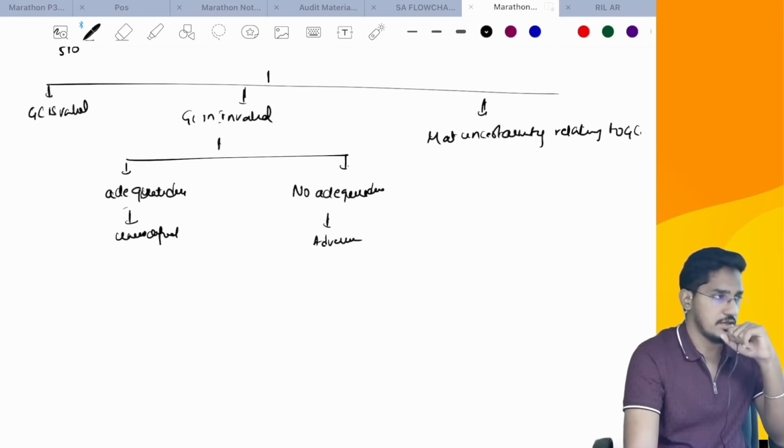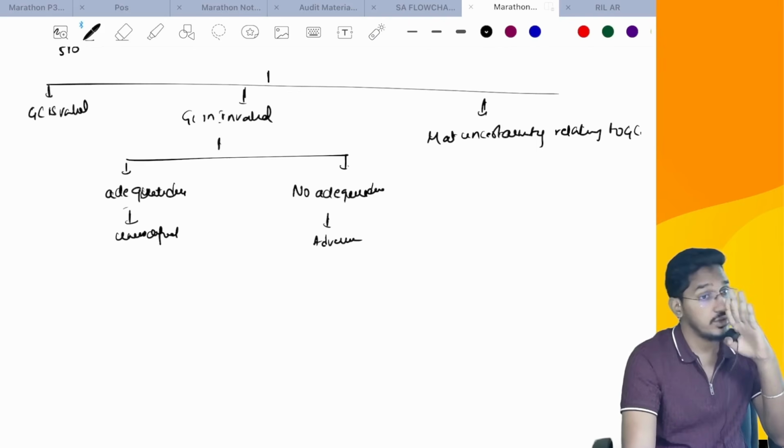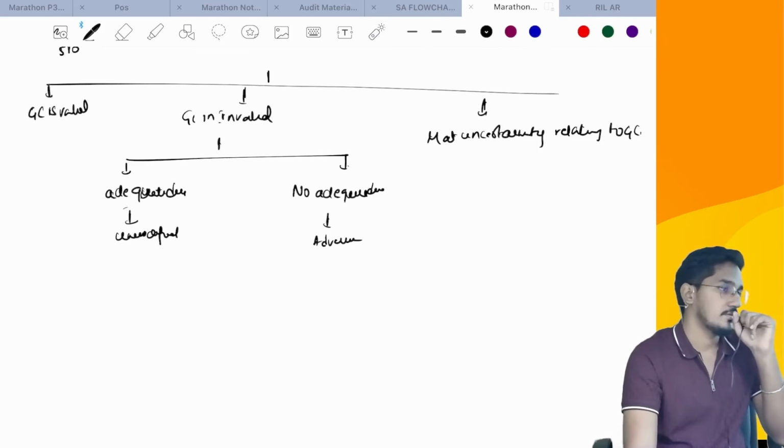If that case materializes, and the person who has filed the case wins and the company loses, the penalty amount or the consequences which the company has to face are so huge that the entity will not be able to continue.